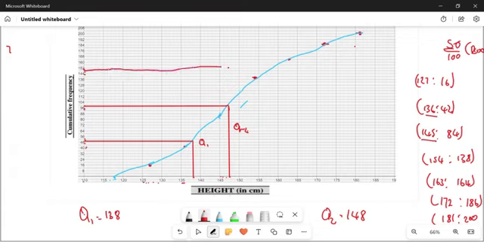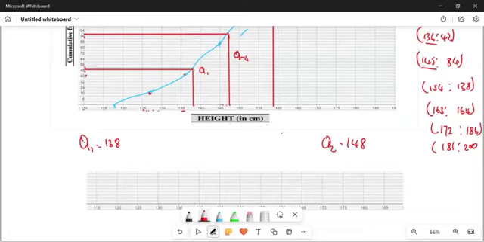Okay, we go straight, and then we go down again. I think I get 158, 159. So our Q3 is going to be equal to 159.